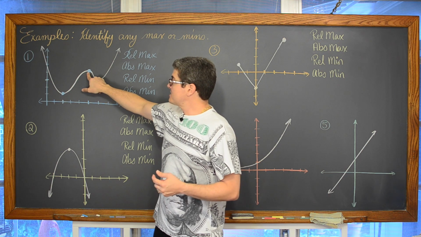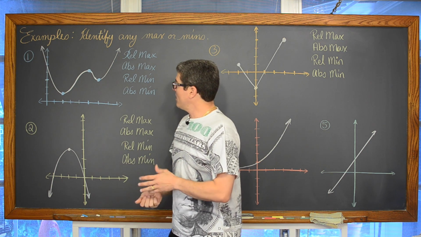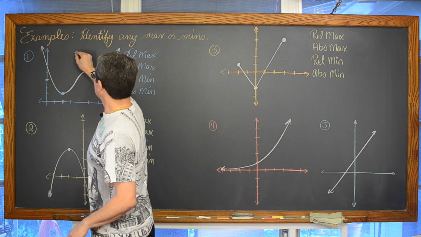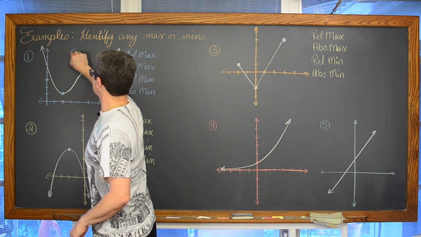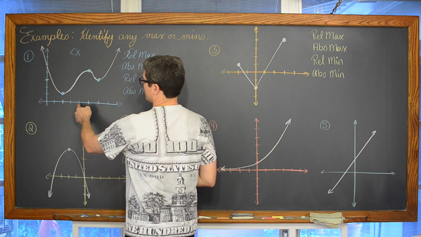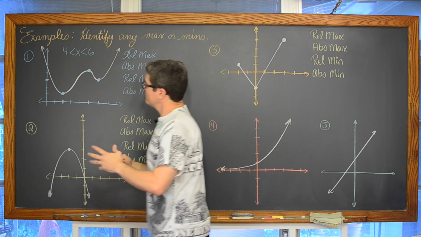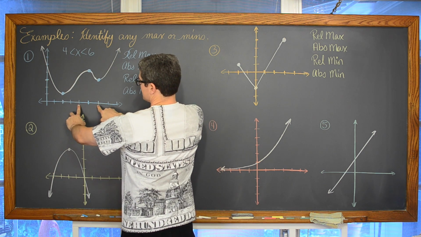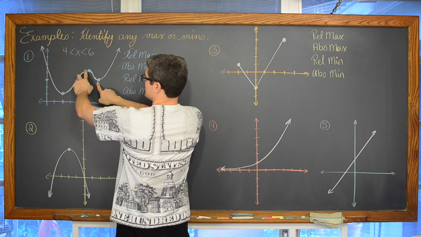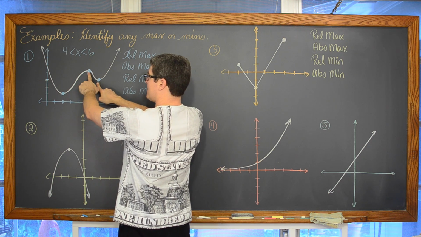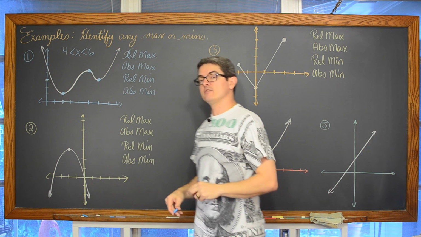So it seems like somewhere here, maybe an open interval where x is greater than, oh, I don't know, 4 to 6. Within that interval from 4 to 6, the graph is rising and then it starts to fall again. So it looks like we do have a relative maximum there.